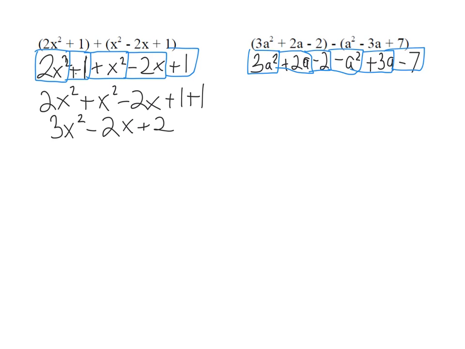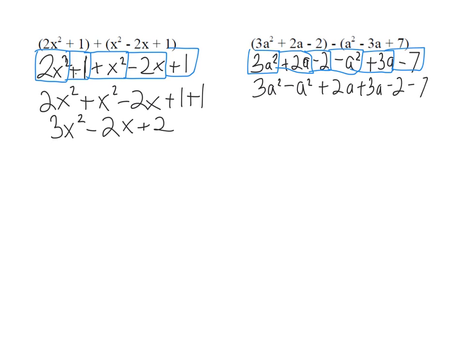So now I'm going to reorganize my terms so that I start with the terms that have the highest exponents, and I would get 3a squared minus a squared plus 2a plus 3a minus 2 minus 7.